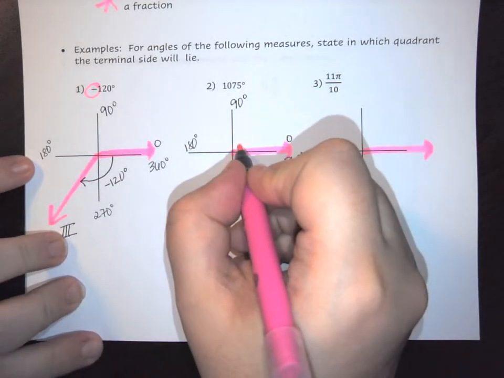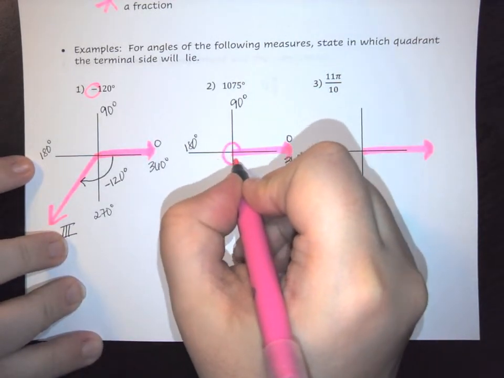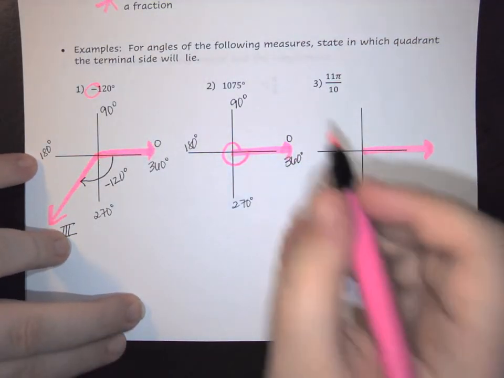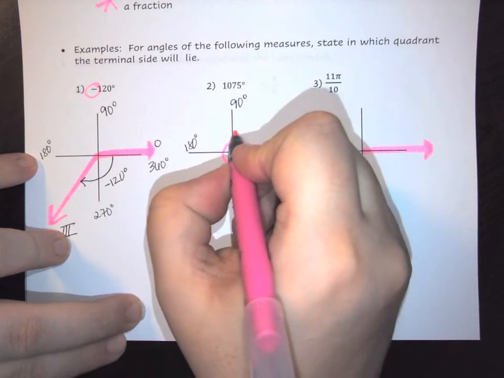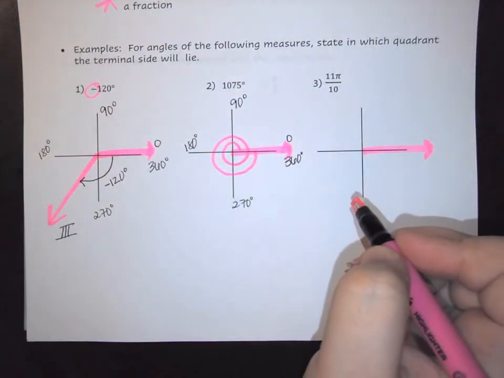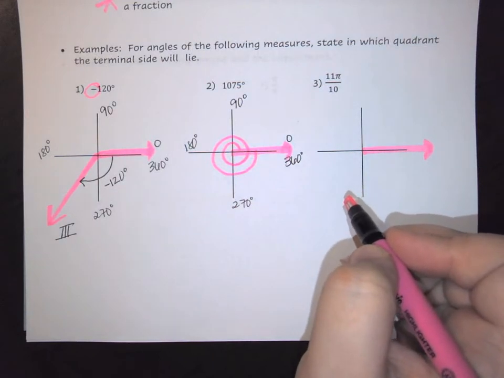So we're going to start and rotate. First we're going to go around once, which is 360 degrees. Then we're going to go around again, and you're going to have 720.